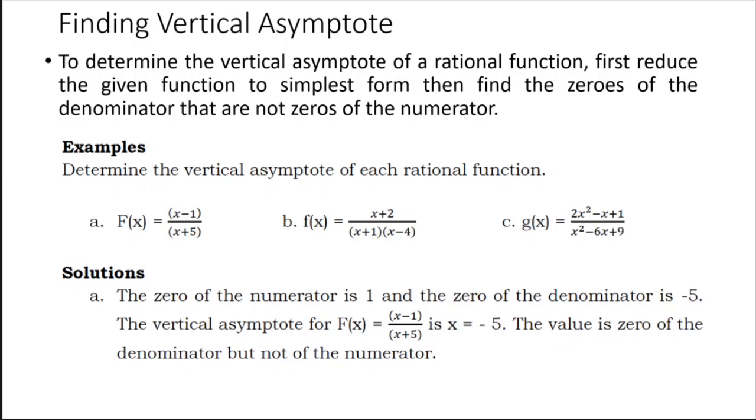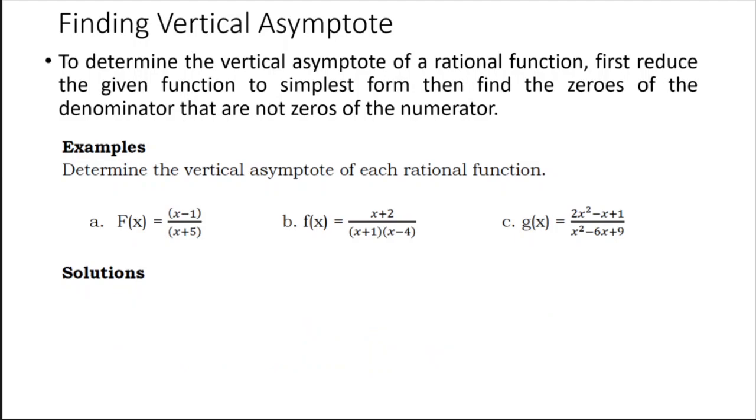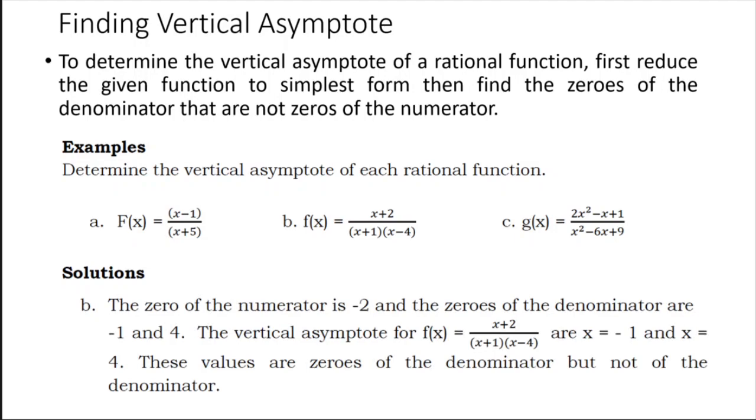For problem B, f of x is equal to x plus 2 all over quantity x plus 1 times quantity x minus 4. The zero of the numerator is negative 2, so we equate this to 0. The zeros of the denominator are negative 1 and 4, because each factor is equated to 0.